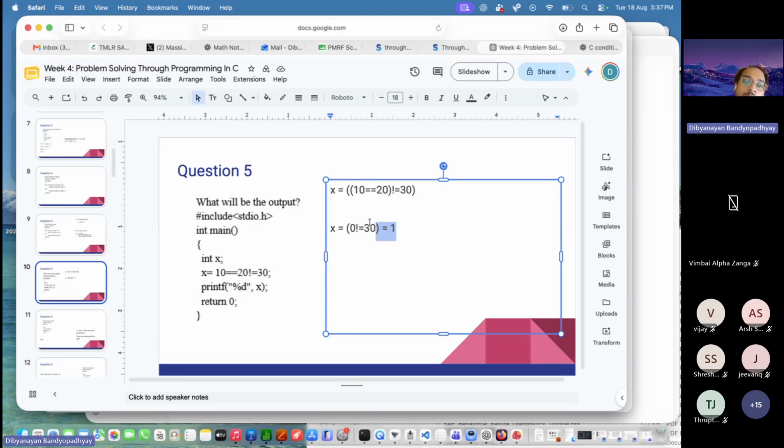Okay, now let's complicate it. What about this? So 10 equal to 10 equal to 20, let's say.